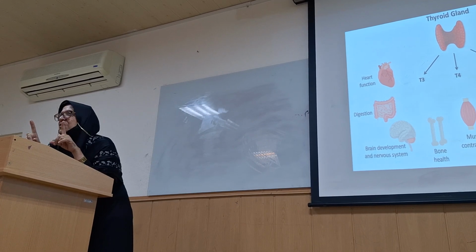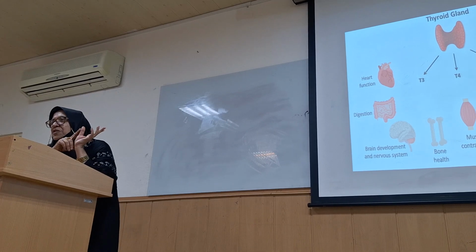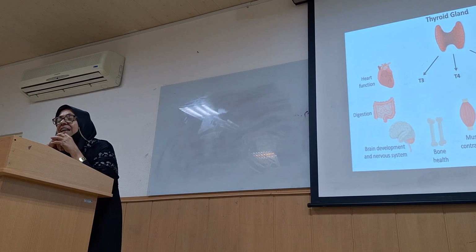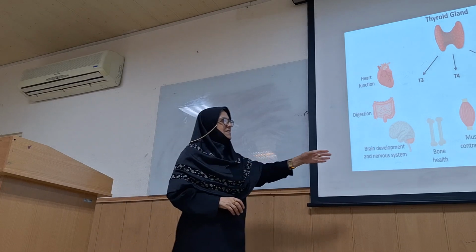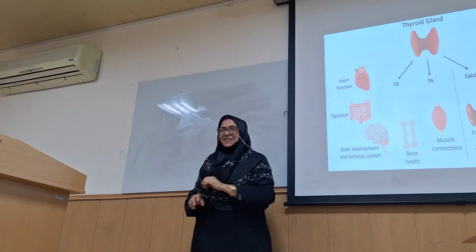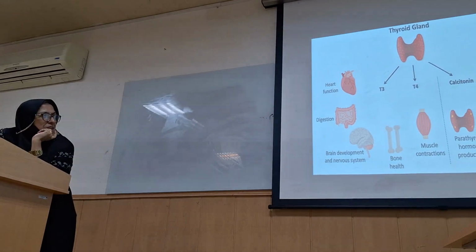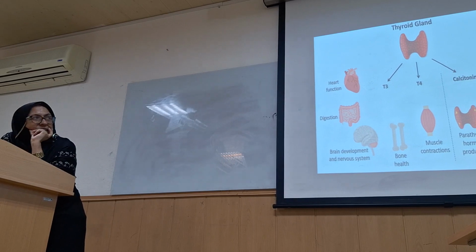Growth hormone and thyroid hormone together synthesize protein and help growth. Thyroid hormone effect on the muscles: since thyroid hormone synthesizes protein, it activates muscle contractions.